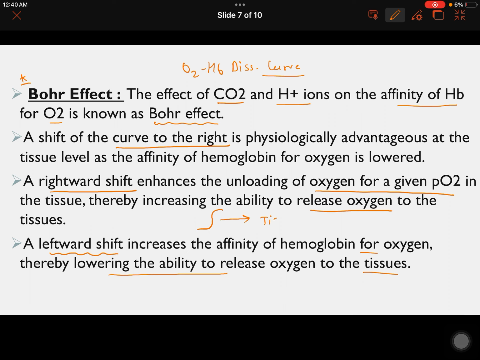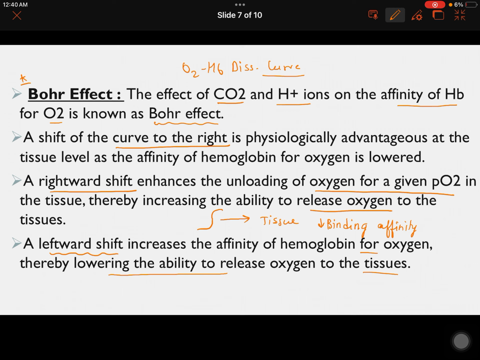Moreover, just remember, if your curve is this, right, if it moves towards the right side, you are going towards the tissue level, so you need more oxygen, so binding affinity will be lower, because I told you that the more tightly you bind to something, you will not be able to release it. If you are holding something loosely, it has more chance to release.